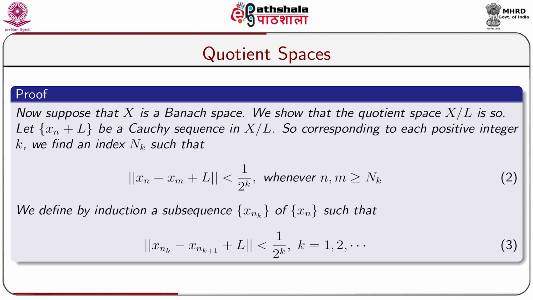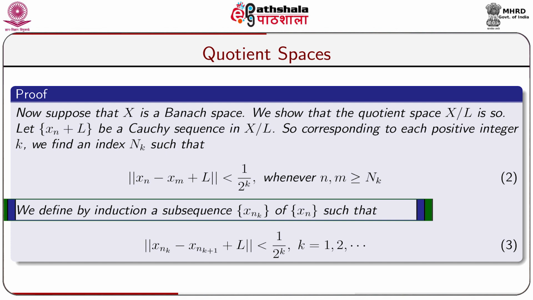This step comes from norm of xn plus L minus xm plus L being equal to norm of xn minus xm plus L, and that is why norm of xn minus xm plus L is strictly less than 1 by 2 to the power k whenever n, m are greater than or equal to nk. This is equation number 2.